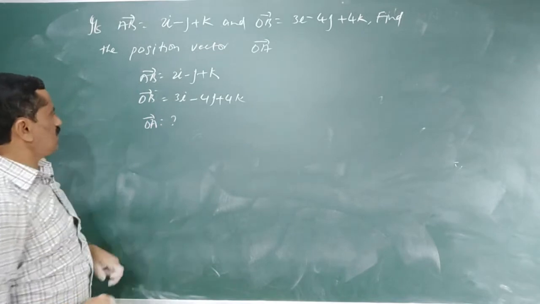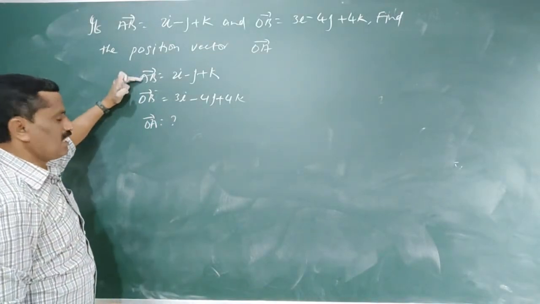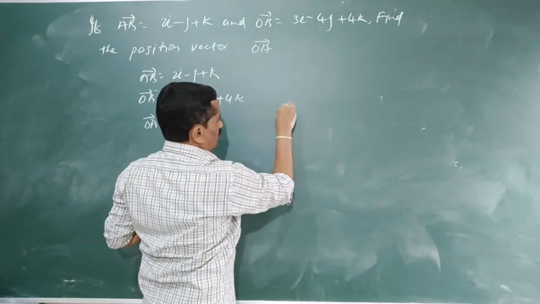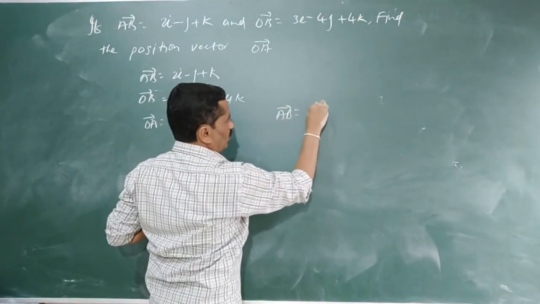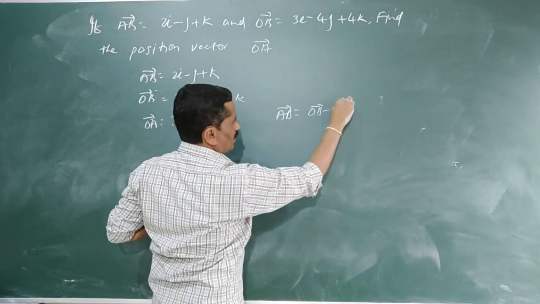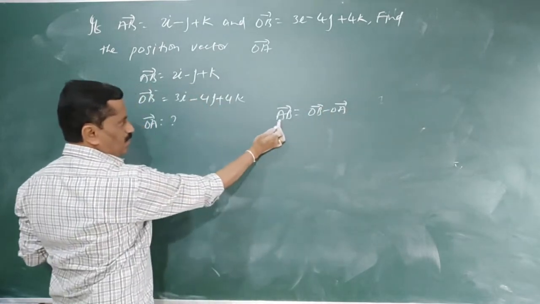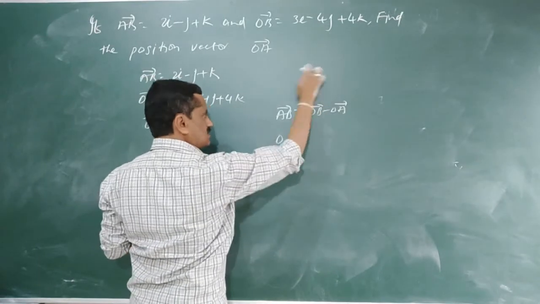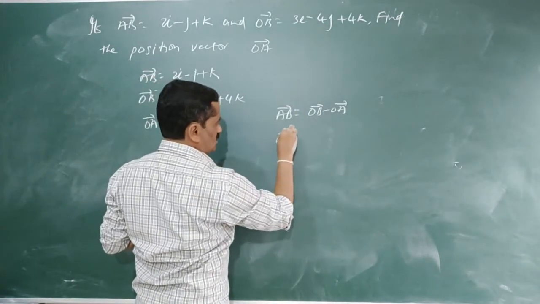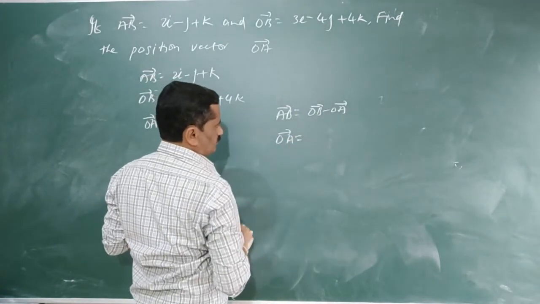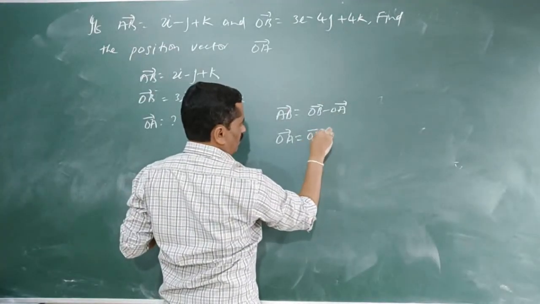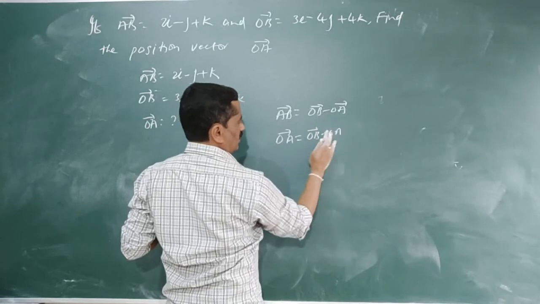Now express this AB bar in terms of its position vectors. Therefore AB bar is equal to OB bar minus OA bar. We have AB bar and OB bar, and we need to find OA bar. Therefore bring OA bar to the LHS and AB bar to the RHS. That is OA bar is equal to OB bar minus AB bar.